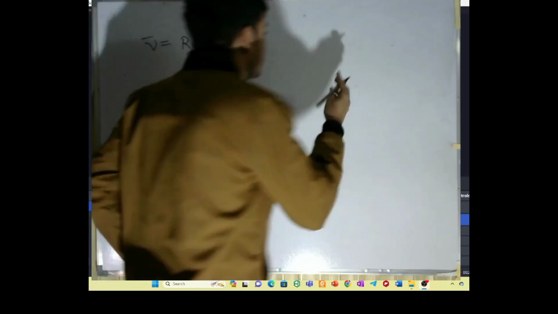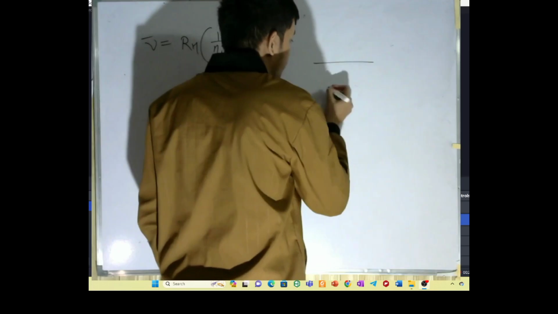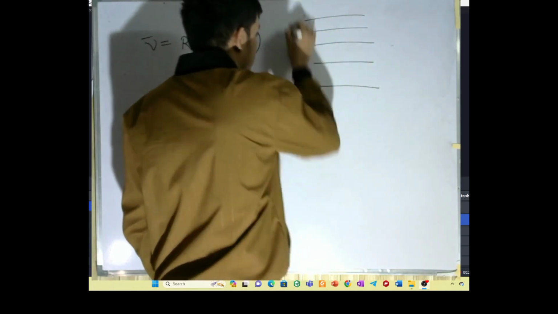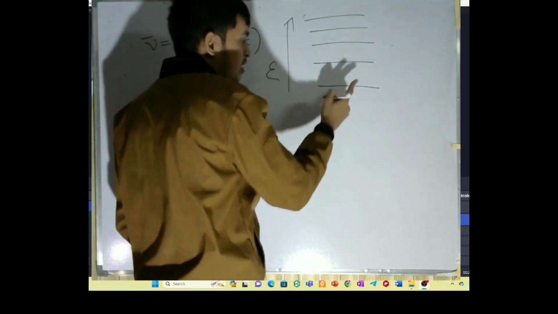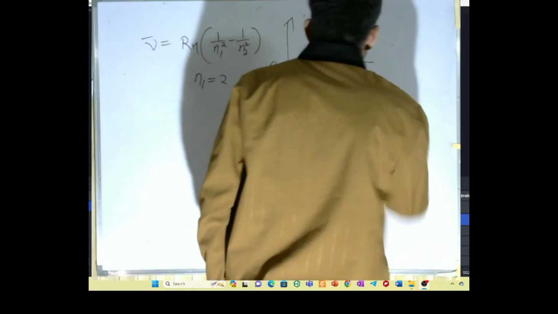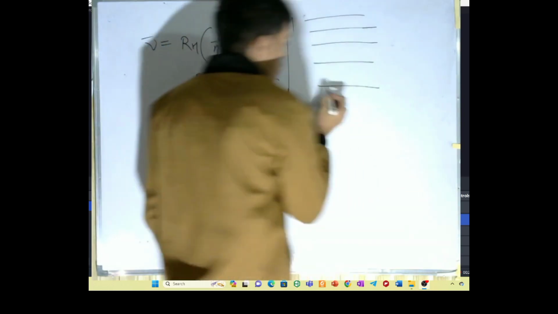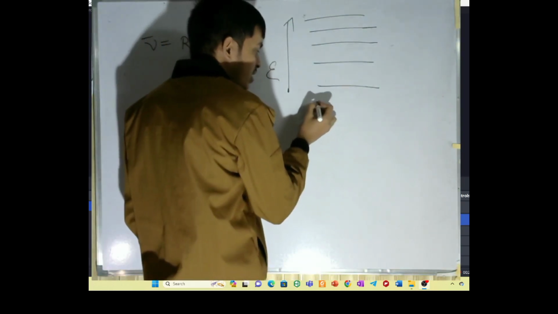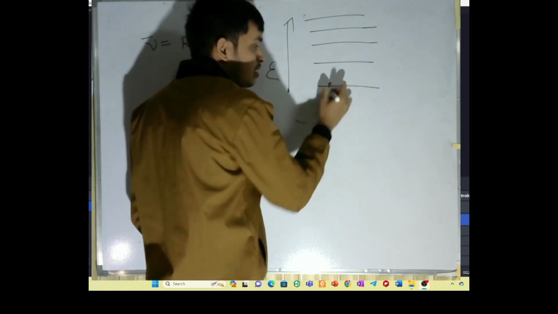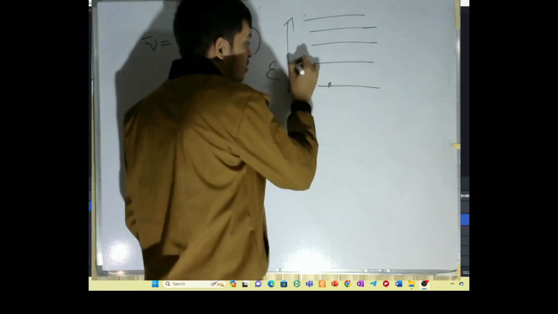In the Balmer series, let's take a hydrogen atom. So this is the energy, and this is the energy of the hydrogen atom. In the case of the hydrogen atom, the electron mainly lies in this n1 state.